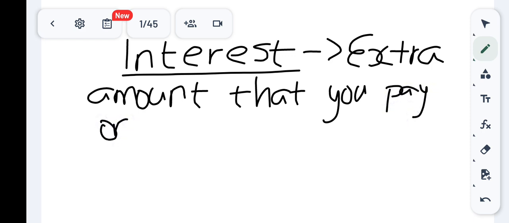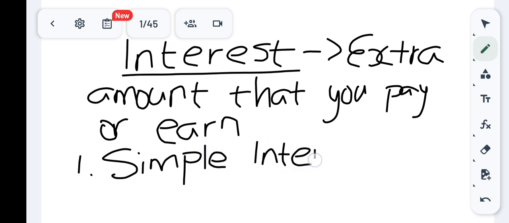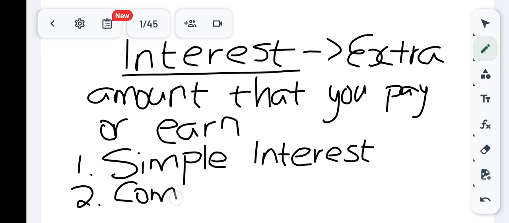All right. So in financial mathematics, we have two main types of interest: simple interest and compound interest.